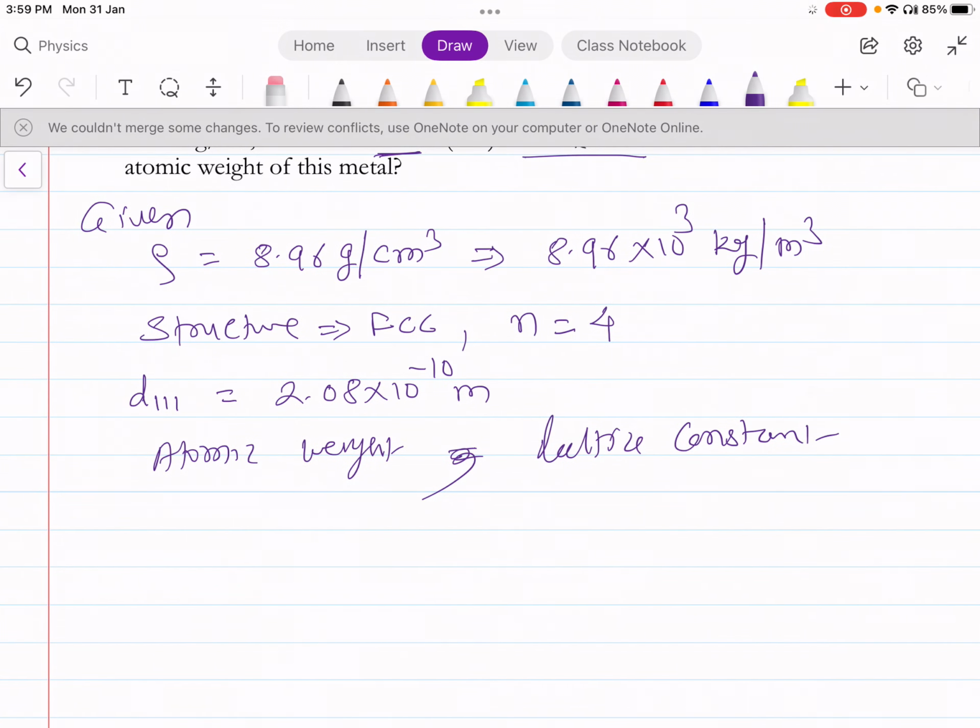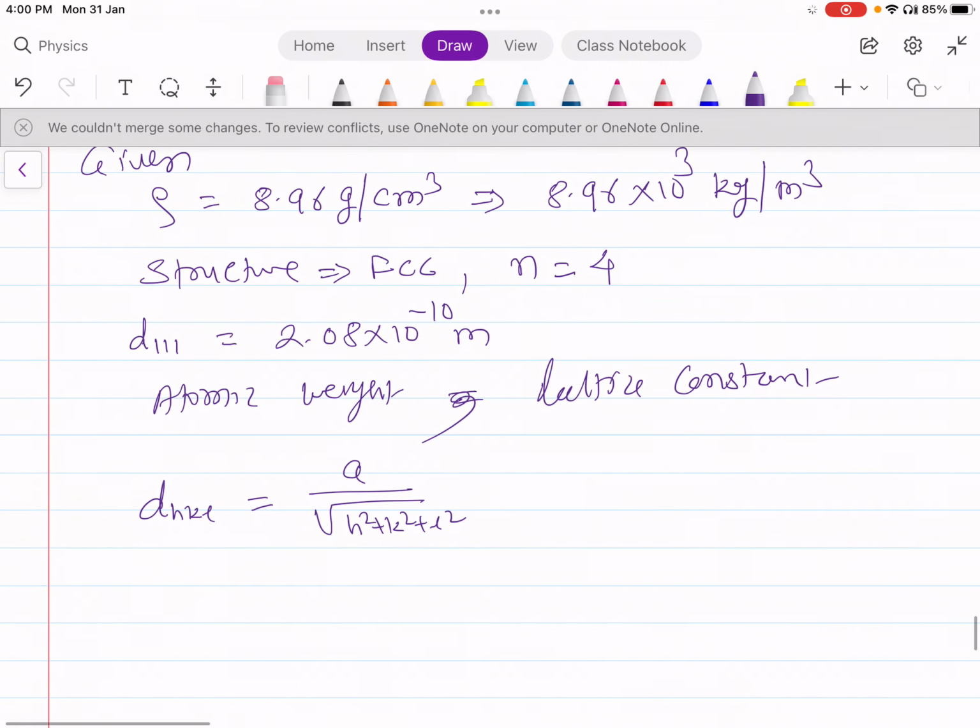We know the relation between interplanar spacing and lattice constant, which is d equals a upon root of h square plus k square plus l square. In this case, the plane Miller indices are 111.